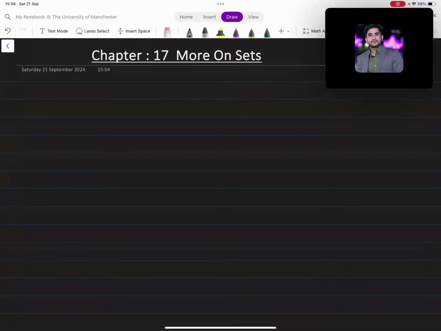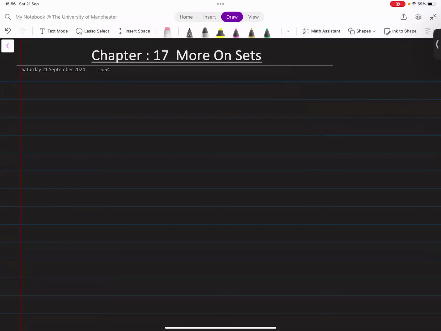Okay, so we are at chapter 17, more on sets. I have discussed this chapter in the start of this lecture series, Introduction to Pure Mathematics. And I have also discussed this chapter in a different lecture series on the basics of group theory, or group theory for beginners.